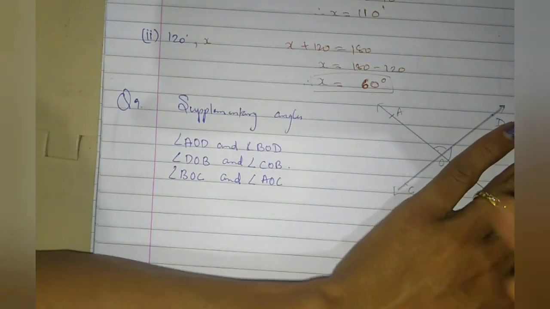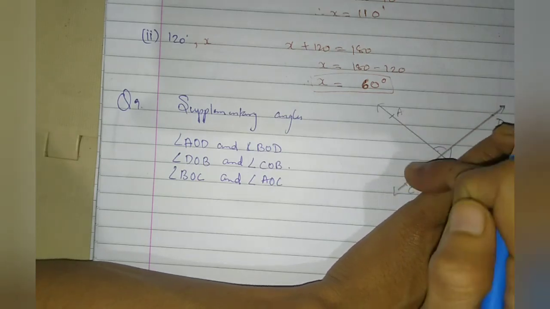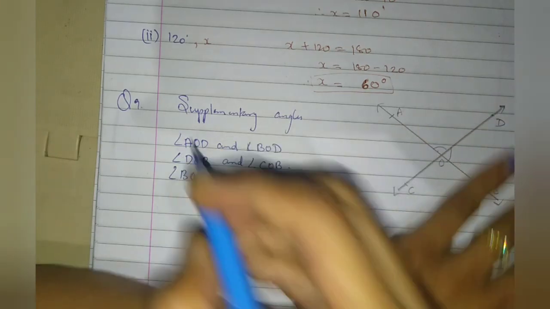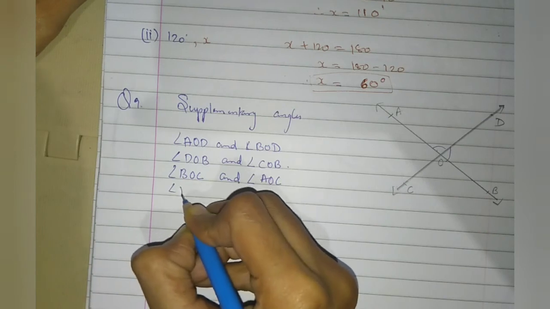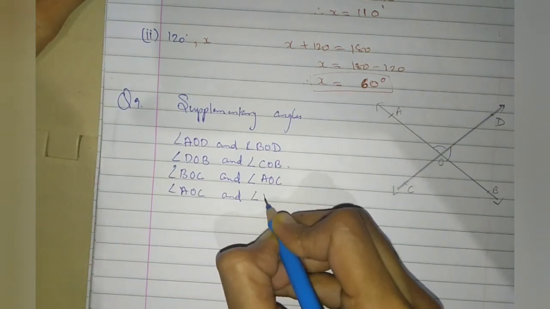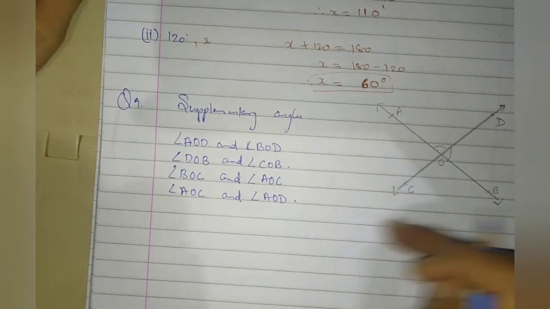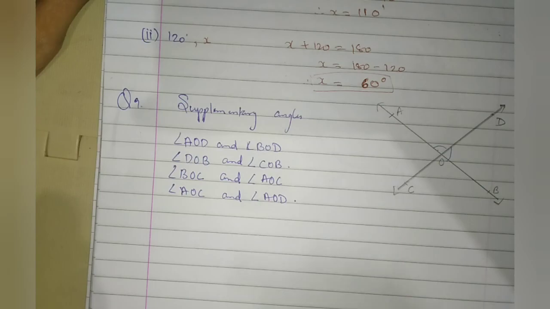Now the last one, angle AOC and angle AOD, these two angles are supplementary. So these 4 pairs are supplementary angles.